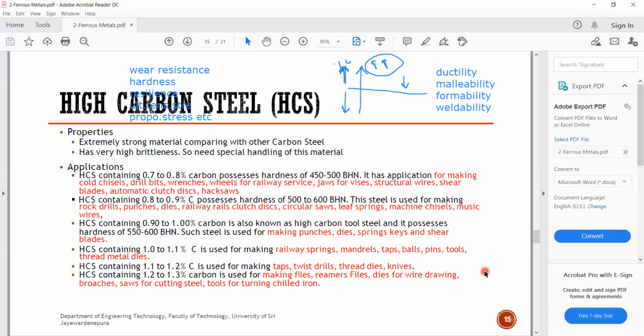It is heat treatable, so you can do the heat treatment process, but it is difficult to machine. So machinability is less, right? So this is the high carbon steel, and these are the applications of this high carbon steel.